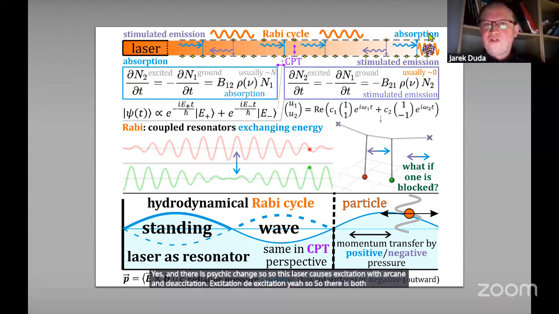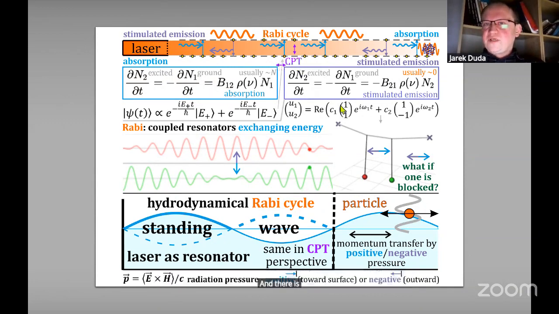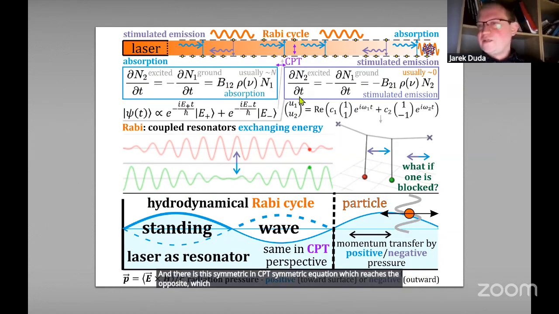There are these two equations, stimulated emission and absorption, and here is the equation for causing excitation. The laser increases the number of excited atoms, N2, at the cost of the ground state atoms. And there is this symmetric equation, which has the opposite effect, increasing the number of ground state atoms at the cost of excited atoms.